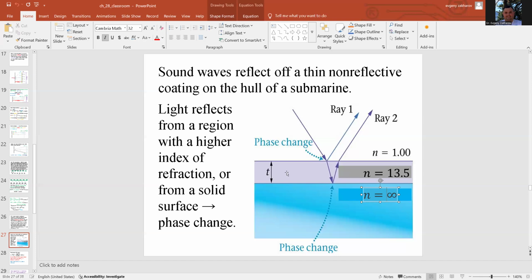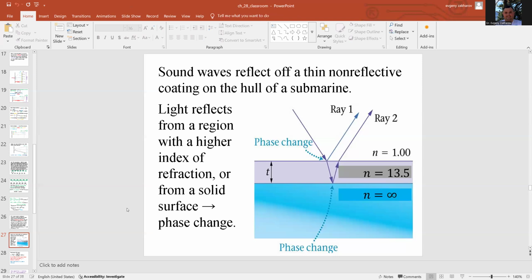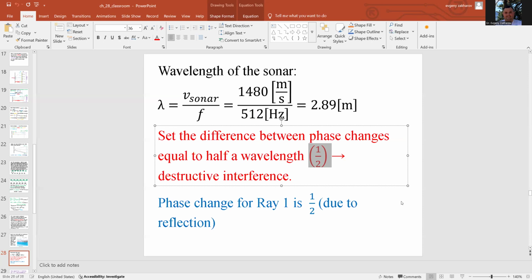And t is the distance that the wave has to travel through the reflective coating and produce destructive interference between two rays, ray 1 and ray 2, must be going through destructive interference. This way, the submarine stays undetected. So, with two phase changes, each phase change gives you half for your coefficient analysis. And for wavelengths, we need, once again, the connection between the speed of your wave and the frequency.